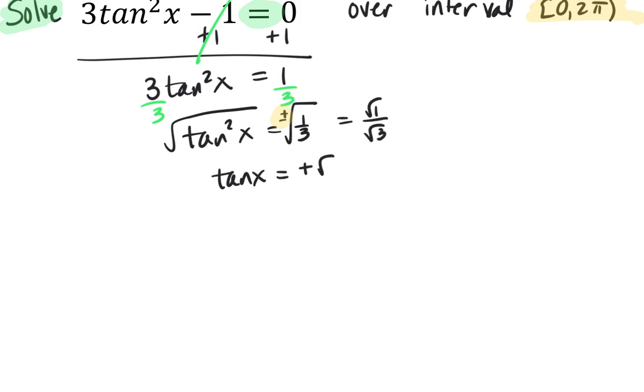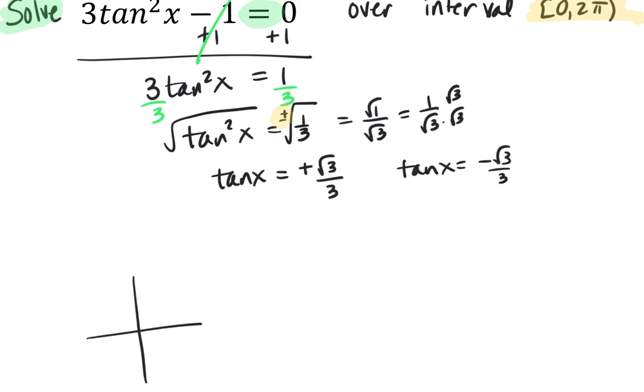We can break that down into square root of 1 over square root of 3. So that would be 1 over square root of 3. Rationalizing the denominator, we get square root of 3 over square root of 9, which is just 3. So we get tangent of x is equal to either the positive or negative square root of 3 over 3.